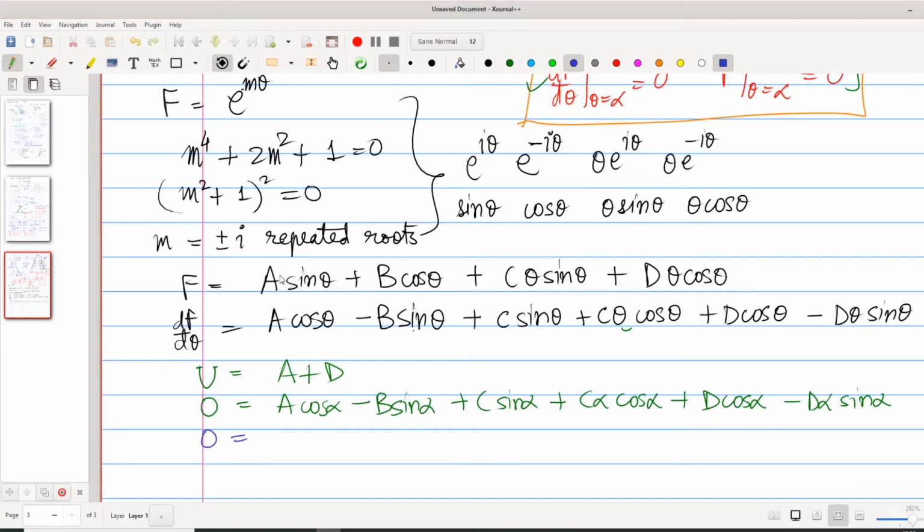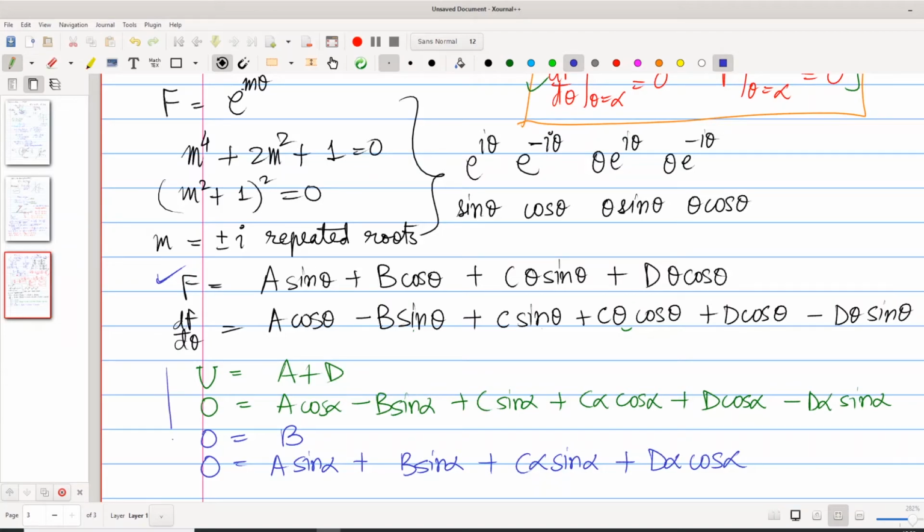So setting theta equal to 0 in this equation, we have B only. So B is equal to 0. And then theta equals alpha in this equation: 0 equals A sin alpha plus B cos alpha plus C alpha sin alpha plus D alpha cos alpha.